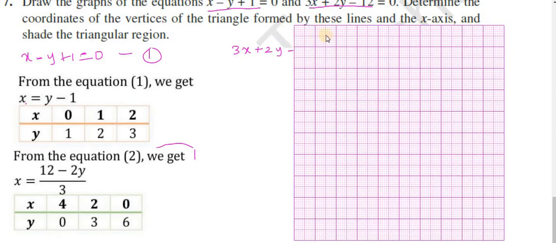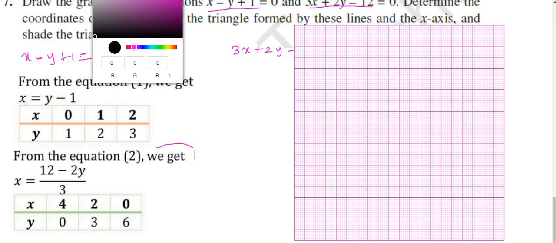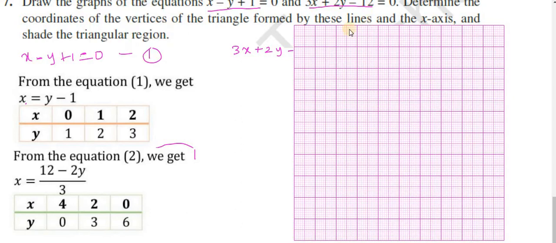Take black color. If you want you can divide exactly to the center in your graph book.